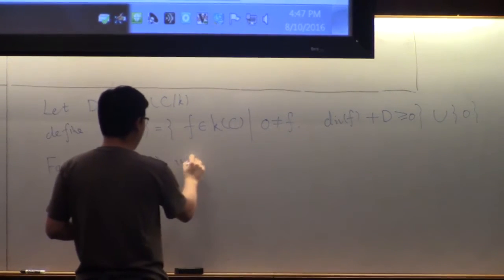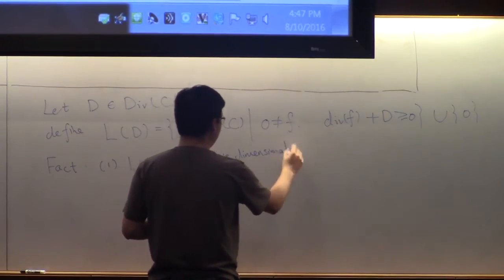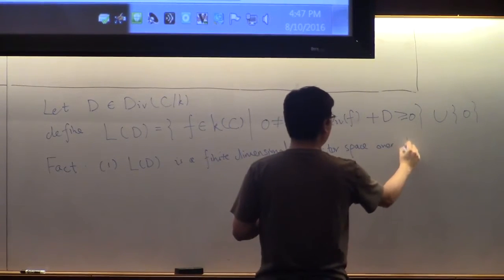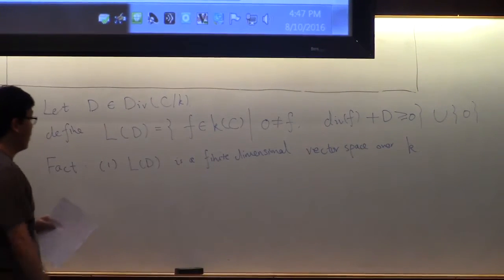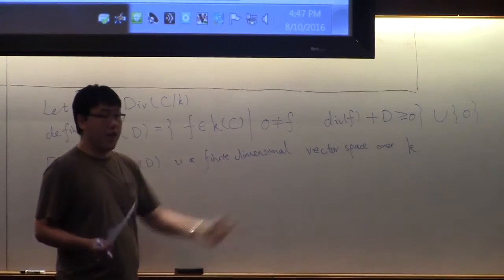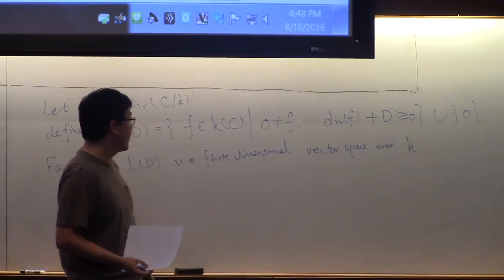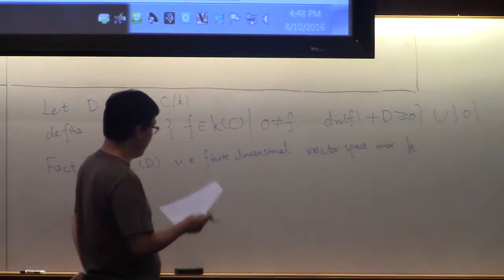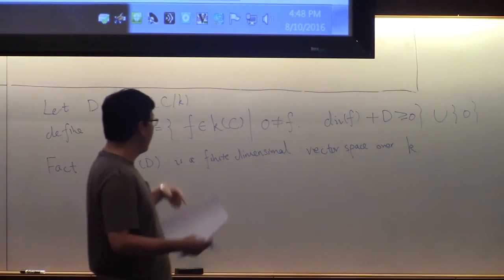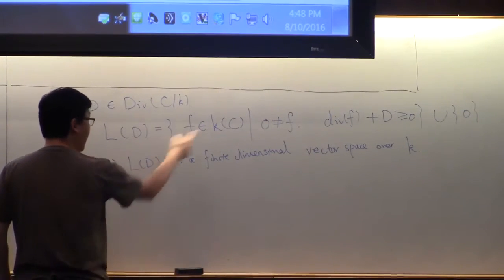The first one: this is a finite dimensional vector space over K. The only thing which is not that trivial to check for this fact is that if you have two rational functions which belong to this set, then their sum is also a function which satisfies this inequality.